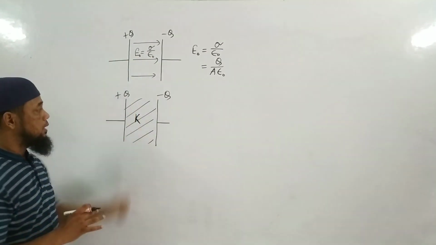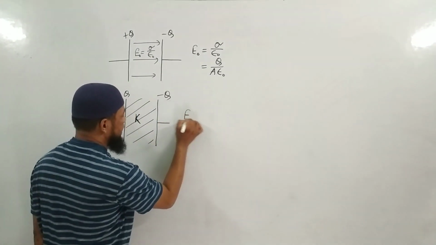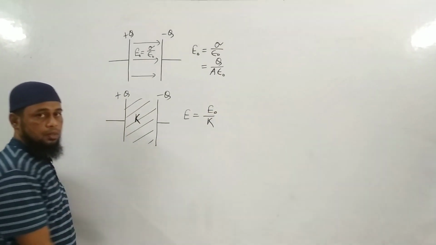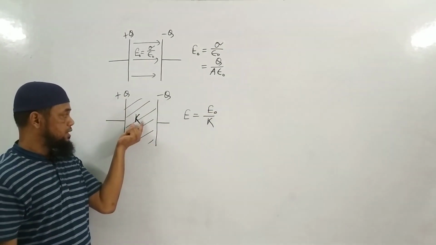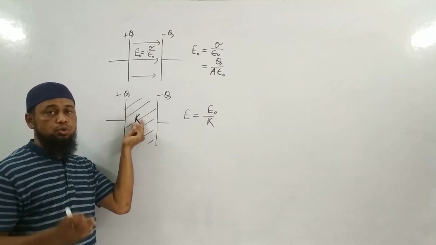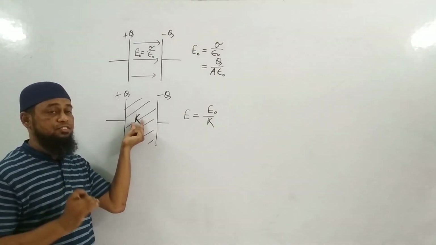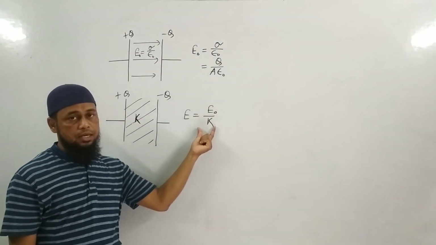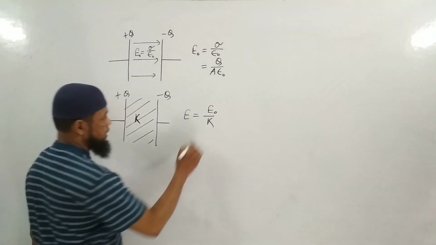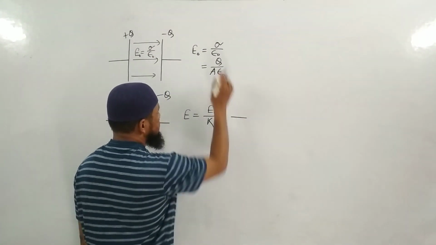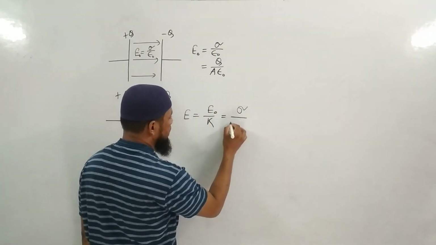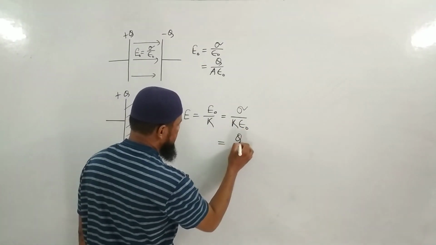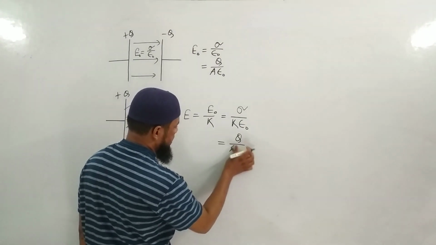Instead of E naught, the new electric field will become E naught by K. This dielectric constant is also known as the relative permittivity. So the electric field gets reduced by K times. How much will it become? Sigma by K epsilon naught, or Q divided by K A epsilon naught.